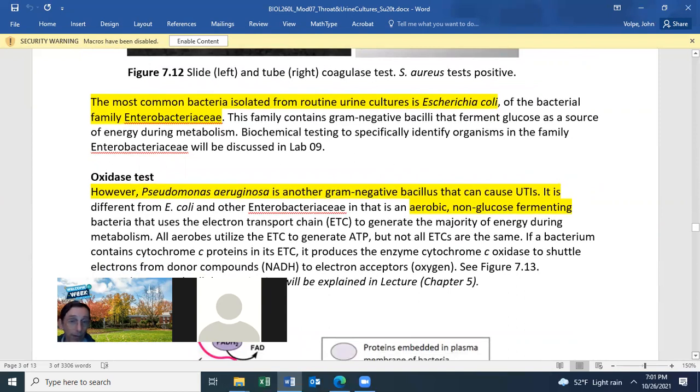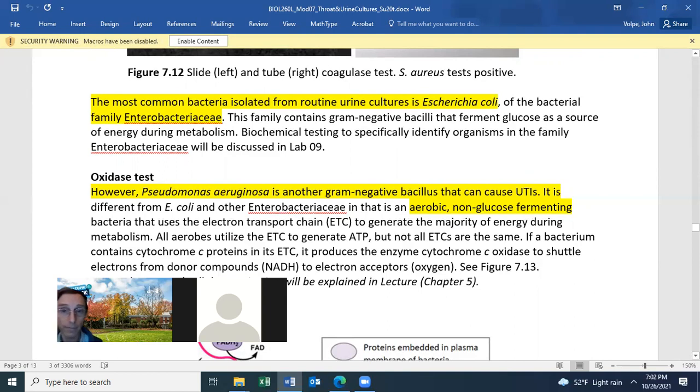The most common bacteria isolated from a urinary tract infection is E. coli, which is in the family Enterobacteriaceae. To see E. coli, we grow the bacteria on either MacConkey's media or EMB. There is another species, though, which is not in the family Enterobacteriaceae, but it is a gram-negative organism, and that's Pseudomonas aeruginosa.